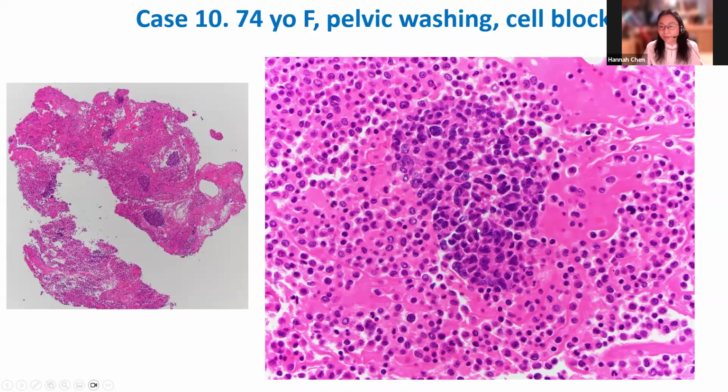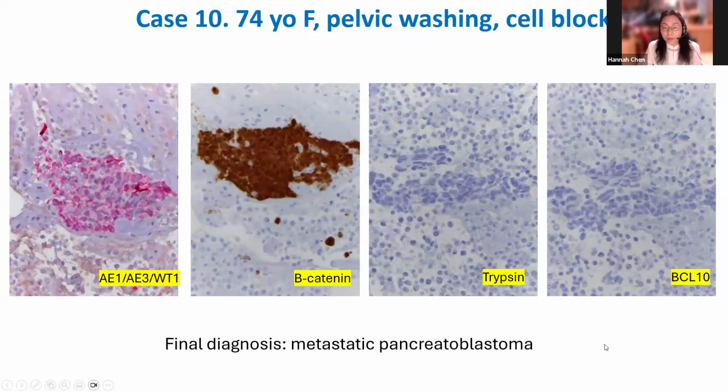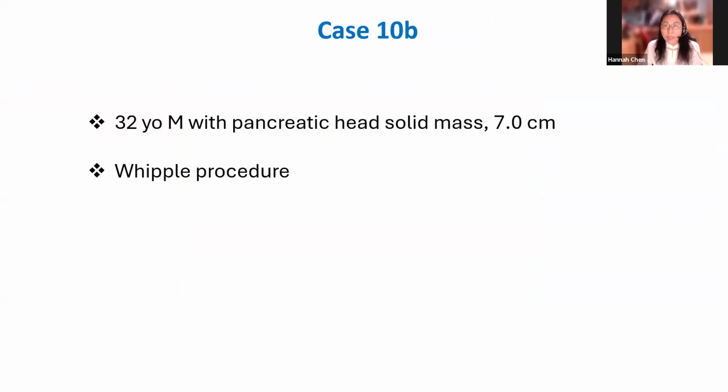Even at this power, you can see these abnormal cells are just slightly larger than the background inflammatory cells. And these tumor cells are positive for AE1/AE3, negative for WT1, beta-catenin positive, negative for trypsin and BCL10. The diagnosis is metastatic pancreatoblastoma.